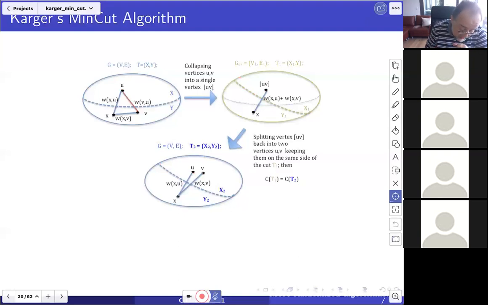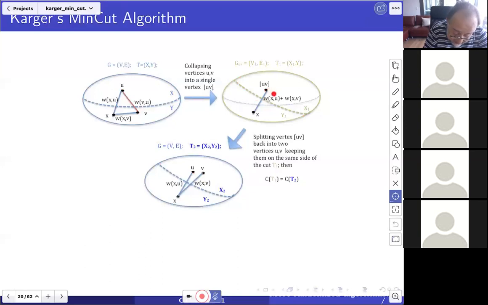So what does this mean? It means for every cut in the collapsed graph, we can produce a cut in the original graph that is of exactly the same capacity. Right? So what is the idea? You fuse the two vertices U and V. You now consider any cut in the thus obtained graph.